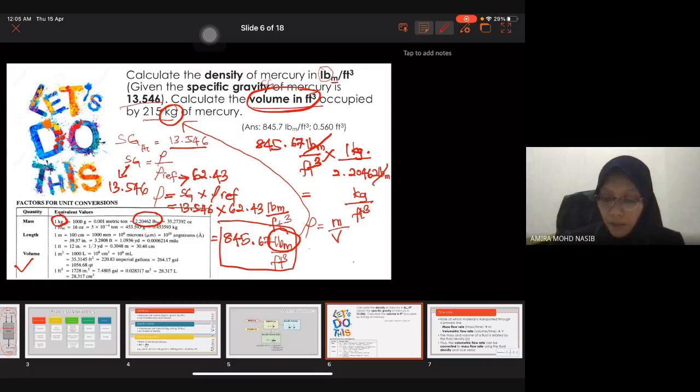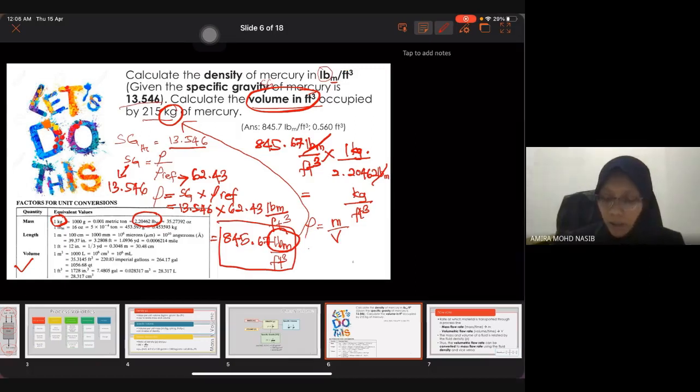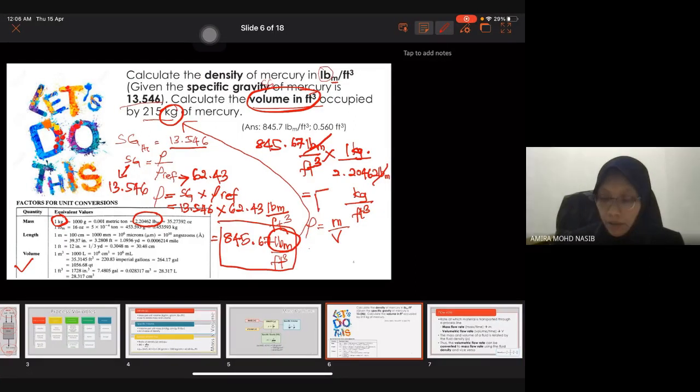Okay, so density will be, after we get this answer, put here kg per feet cube, mass will be 1215 kilogram per the volume. So you calculate and then you take this one on the left hand side, then 215 divided by those value, you'll be getting 0.560 feet cube. Okay, you can understand and follow.